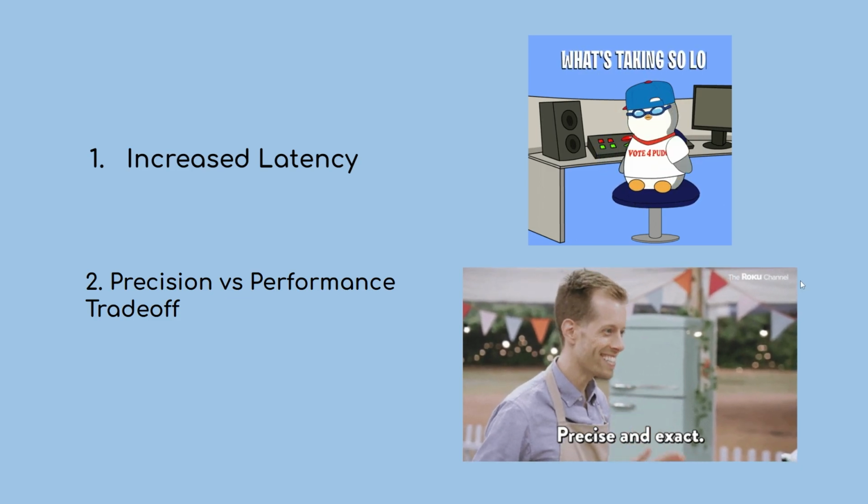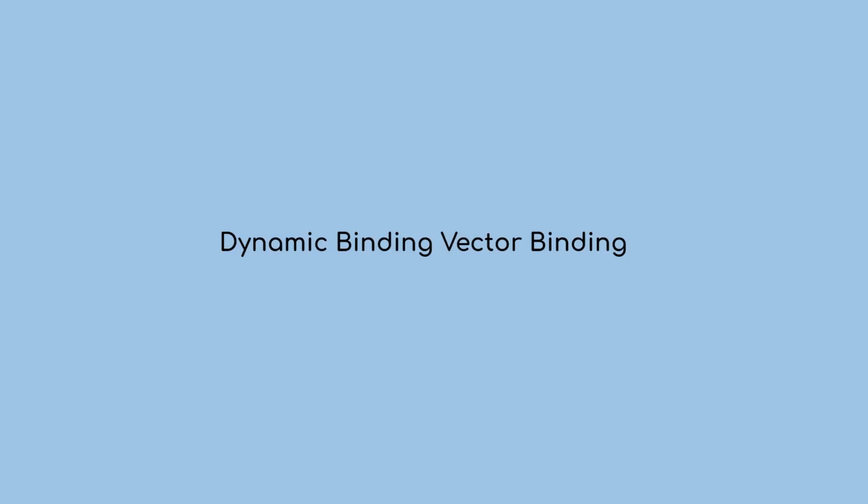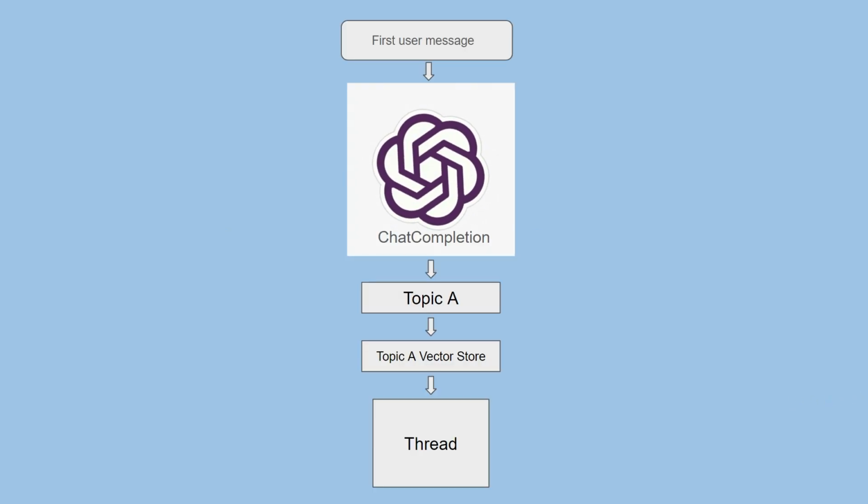To tackle these challenges, I've discovered a partial solution: dynamic vector store binding. This method allows you to dynamically assign a vector store to your assistant based on the user's initial input. So this is how it works. Initial message: the user first sends a message to the chat completion endpoint with function calling enabled.